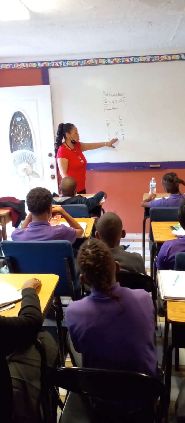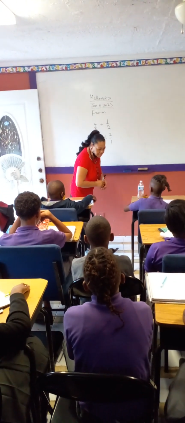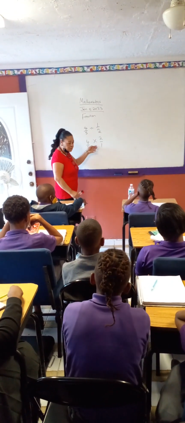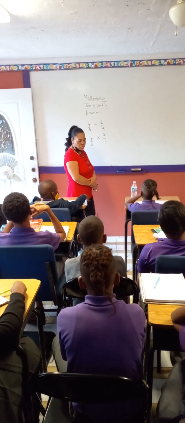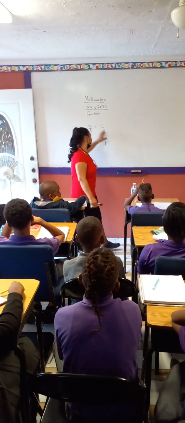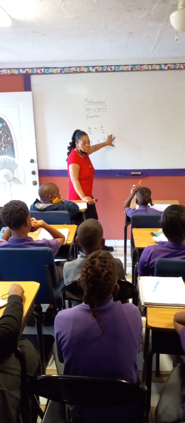And after I do that, what am I supposed to do next, Jadon? After I change the division to multiplication, what am I supposed to do? No. What do I do next, Janissa? I change my division sign to a multiplication sign. Then I am going to do what?